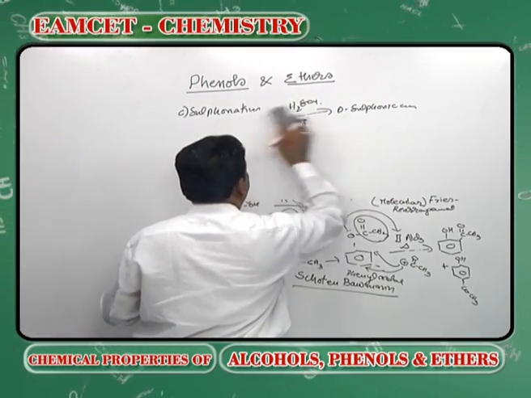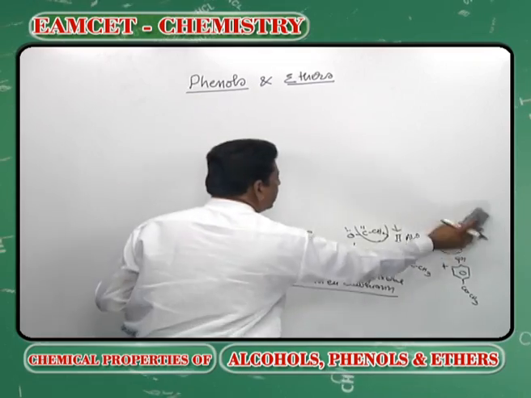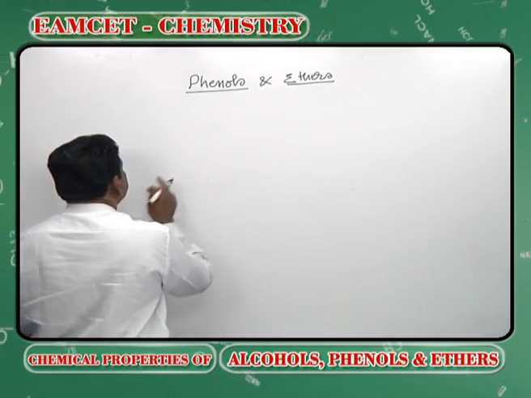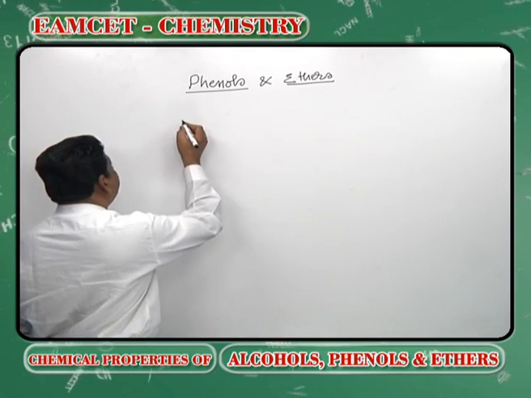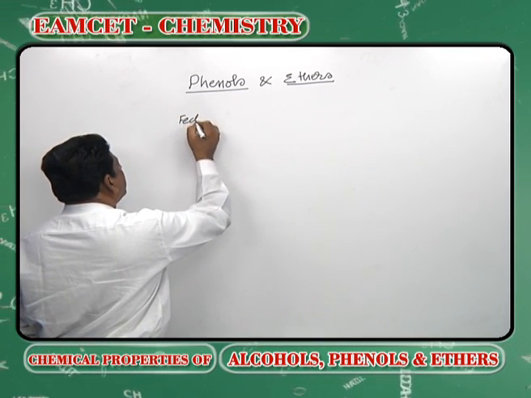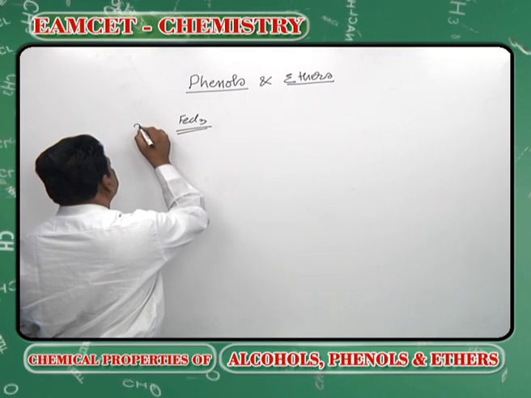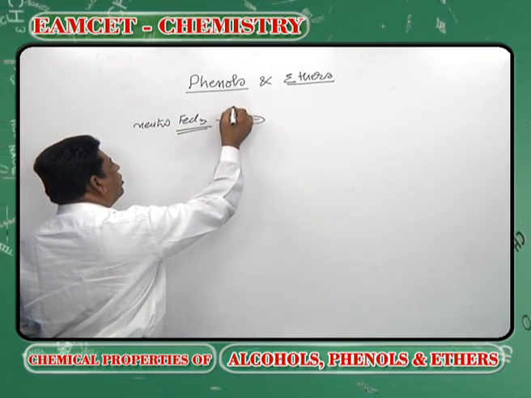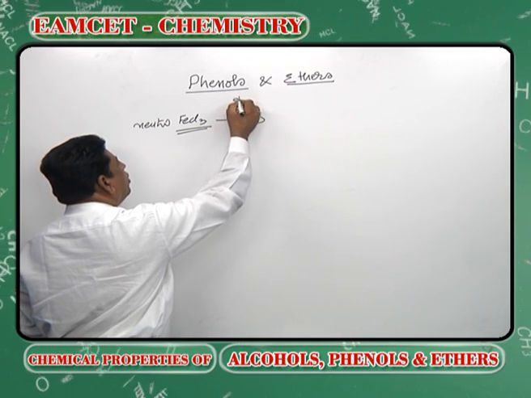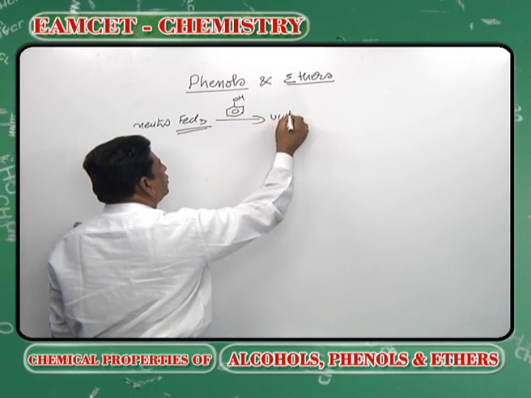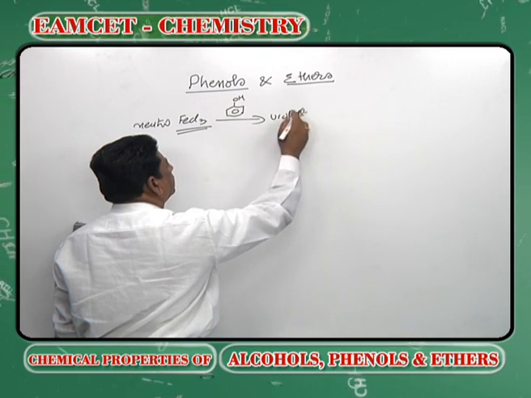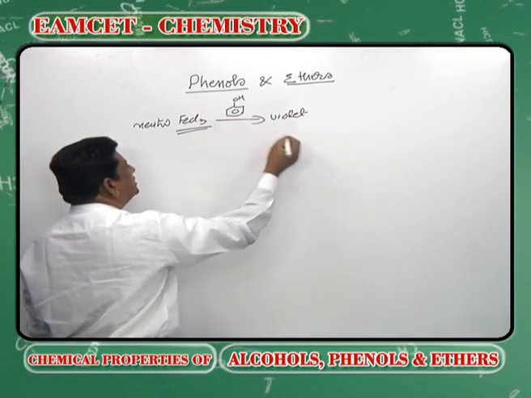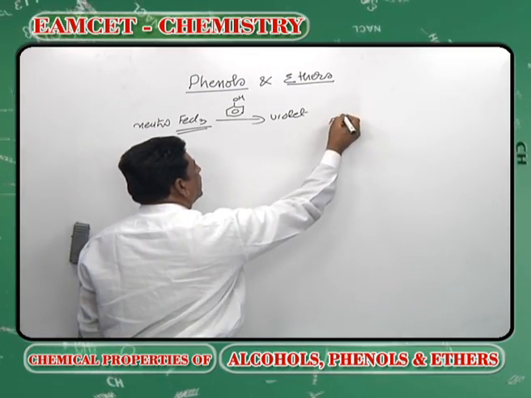Phenol undergoes some color-giving reactions. Phenol undergoes a reaction with neutral ferric chloride. When you add phenol, you will get a violet coloration. The coloration is because phenol makes a complex with the iron ion.